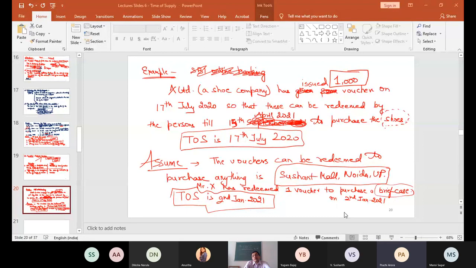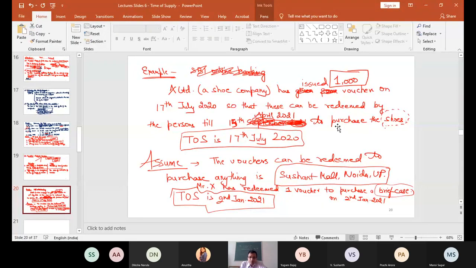First of all, one thing is sure that initially I have to pay the tax on the entire 1000 vouchers. But now, for example, 400 vouchers remain unredeemed. Then I need to check whether a refund can be claimed or not. I don't know the answer right now.